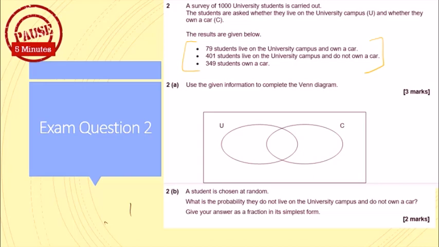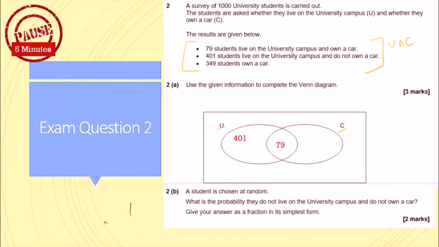So the U stands for those that live on the university campus, and C is for those who own a car. So those are the students who are in both of those categories, which would be the middle of that diagram, which is 79 there.